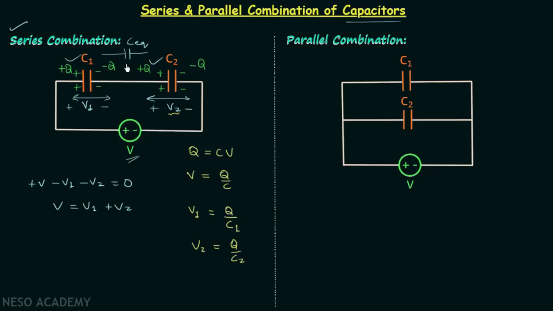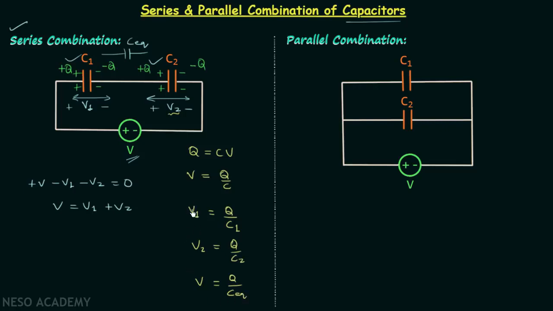Now for the equivalent capacitor, we have V as the voltage, C equivalent as the capacitance and Q as the charge. Therefore voltage V is equal to Q over C equivalent.